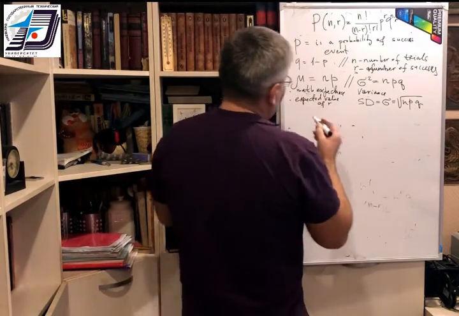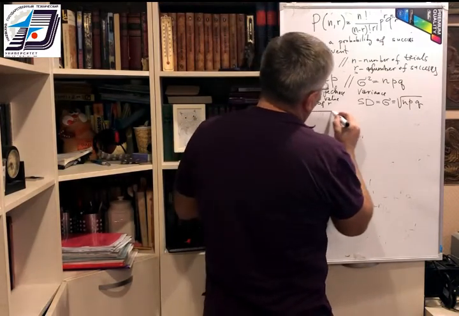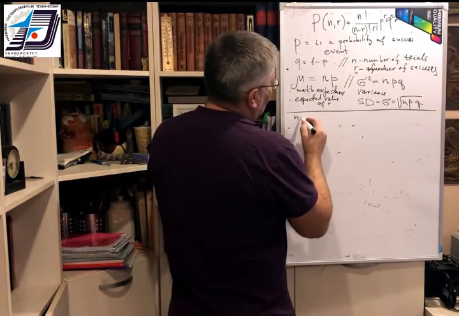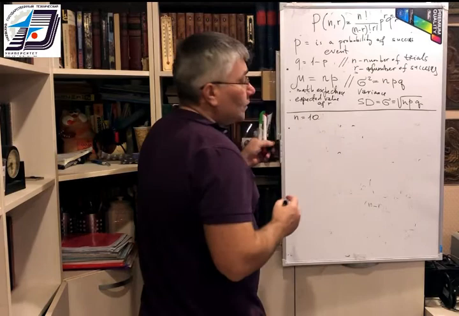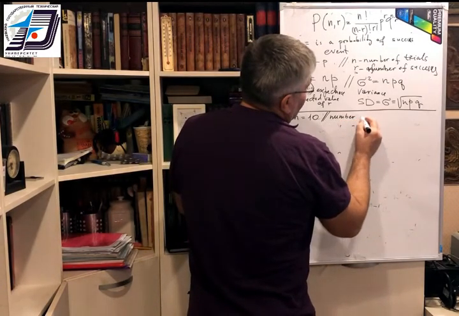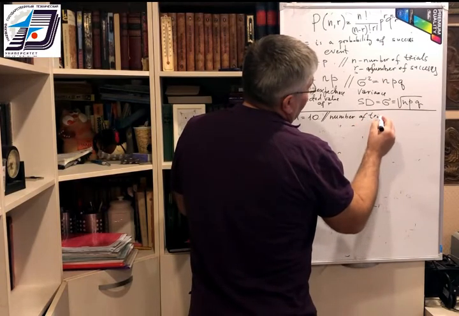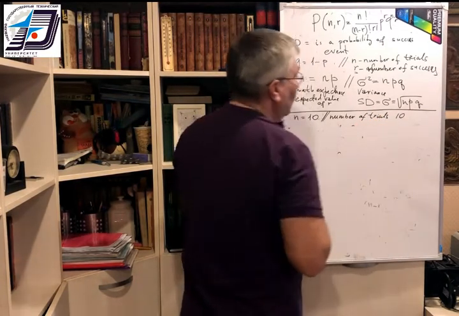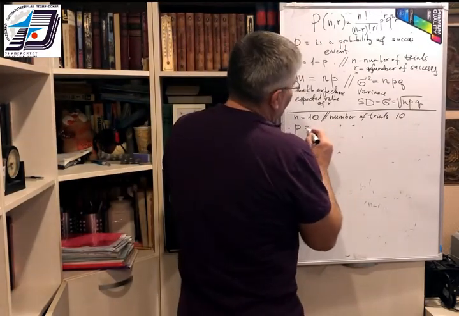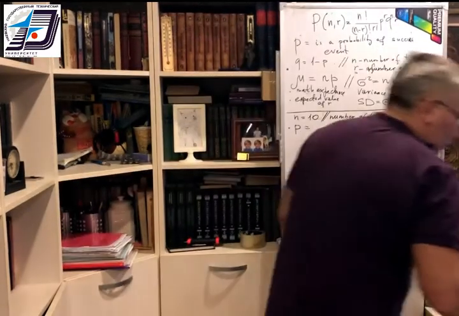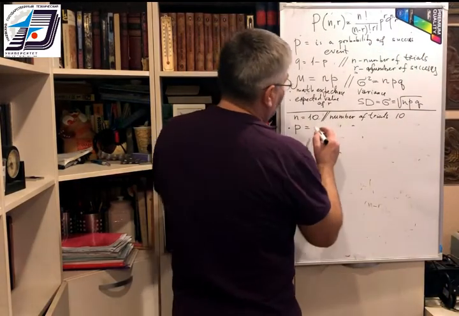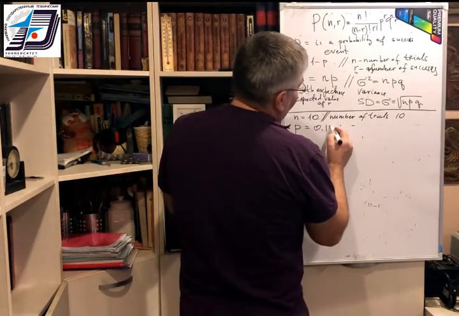For example, you have a binomial distribution. You have n equal 10 trials, number of trials 10. And the probability of success is, for example, 0.15.